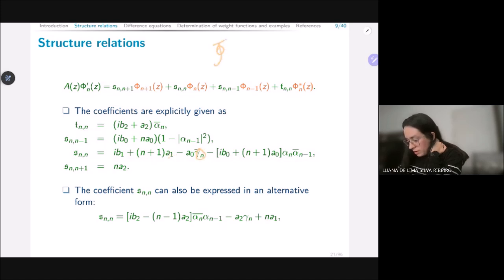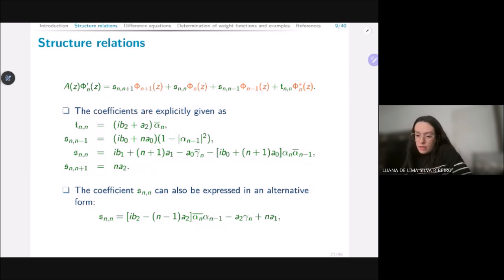Just to remember, phi n of z is monic, so we have this, and the coefficient gamma is this one. So in the two formulas that we find for S n, this coefficient gamma appears. And the rest of the coefficients depend on the coefficients of the polynomials A and B here, and the Verblunsky polynomials.